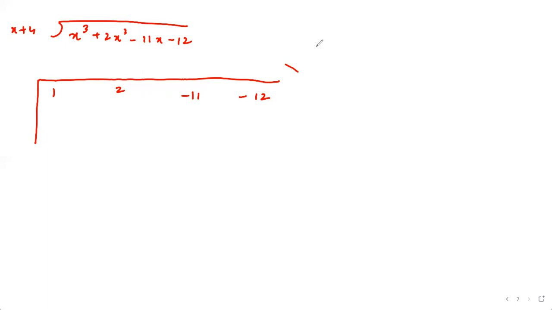I'll do 2 questions in parallel so that you can be clear with the method. Let's say I'm dividing an easier polynomial, x cubed plus 5x plus 1, by x plus 1, and I want to find the quotient and remainder within seconds.